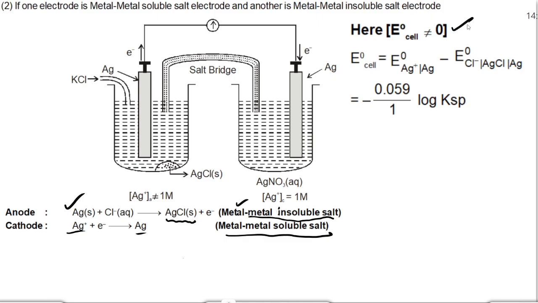Here E naught cell is not equal to 0, and E naught cell comes out to be E naught Ag plus Ag minus E naught Cl negative AgCl Ag, and that is equal to minus 0.0591 log of Ksp.